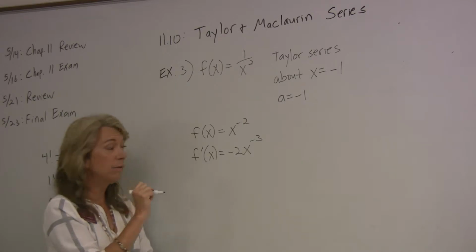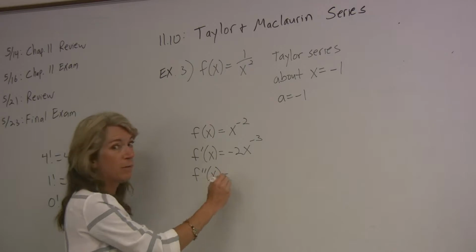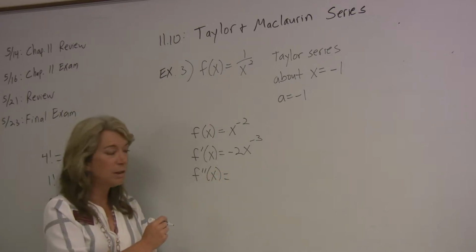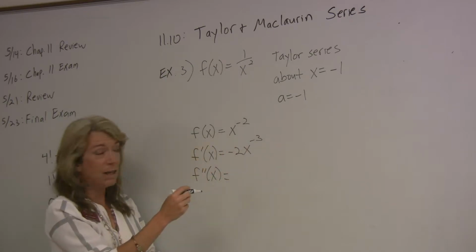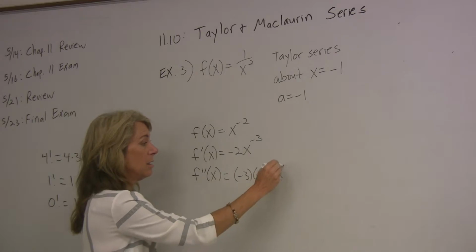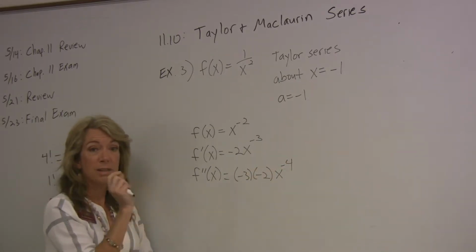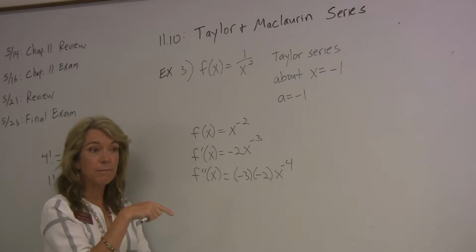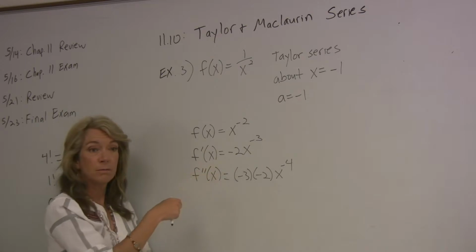Again, this was my same warning I gave you earlier: don't simplify when you start taking derivatives. Just leave everything written out so you can see the pattern. So when I bring down this negative 3, I'm actually going to write it like this and make it a negative 4. I know it's a 6, but to see the pattern, I want to leave it like this. You see what I did there? I'm just bringing that down.